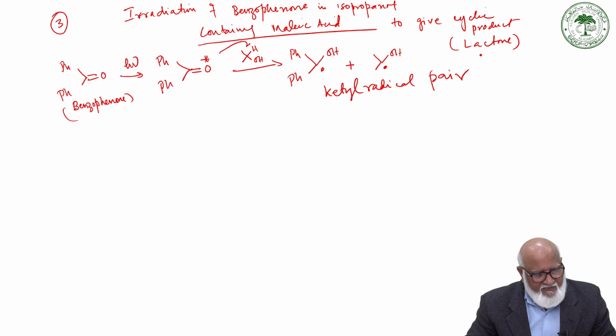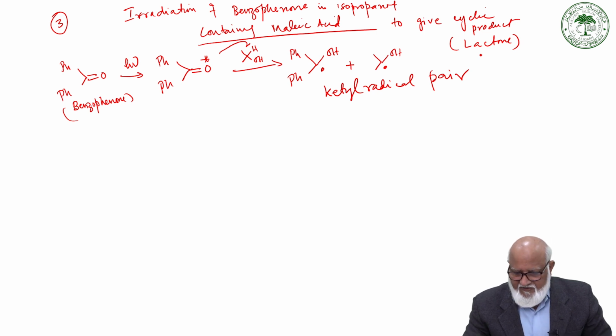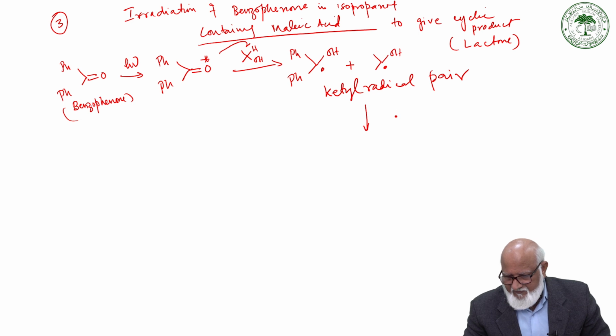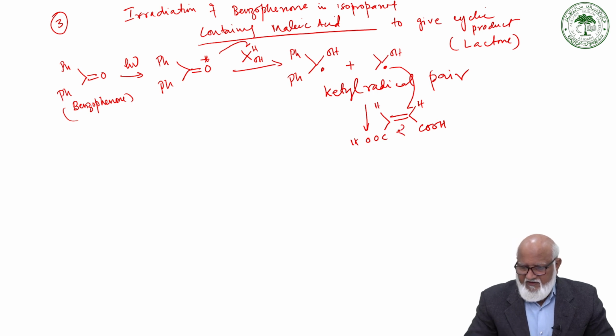This ketyl radical pair, this radical adds to maleic acid. So this adds to maleic acid at one of the olefinic carbons to give a product like this.